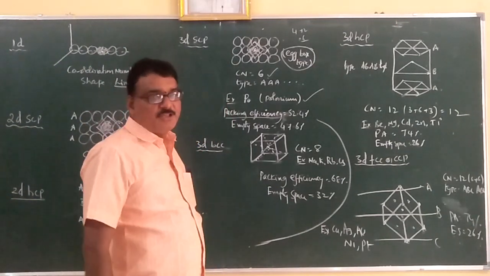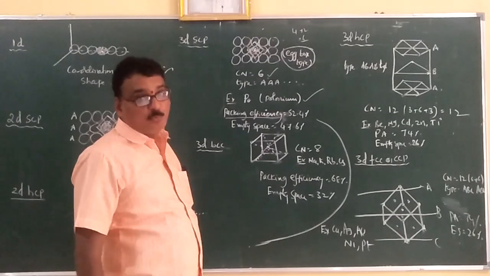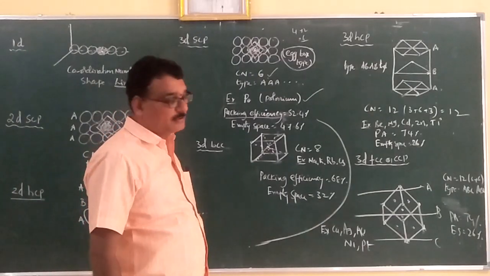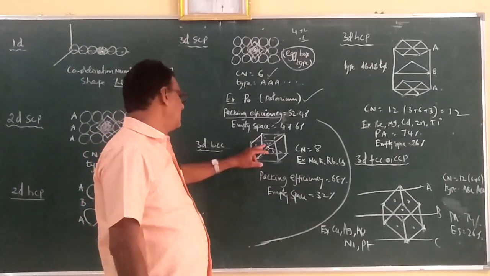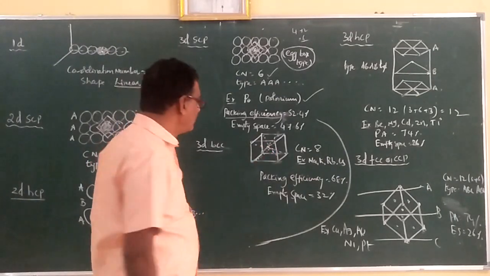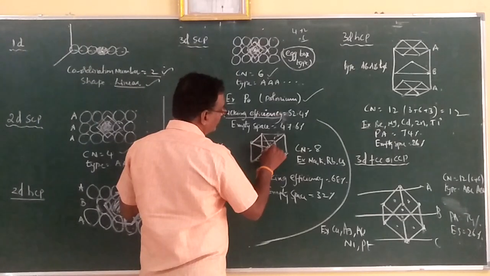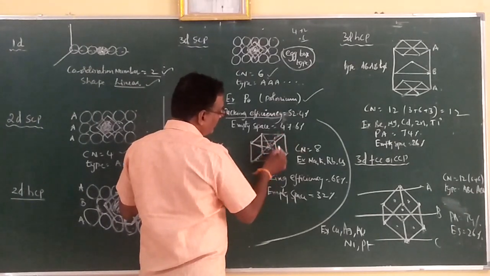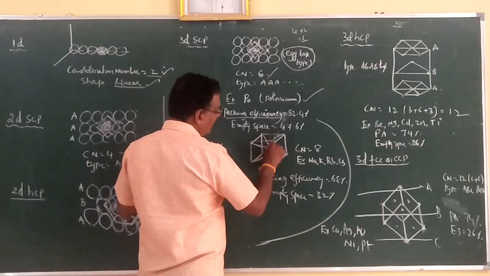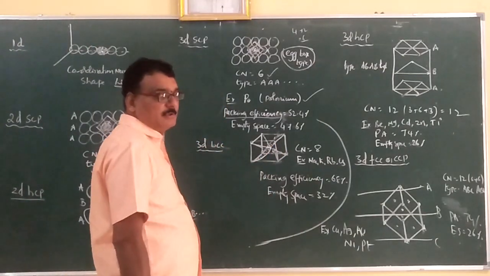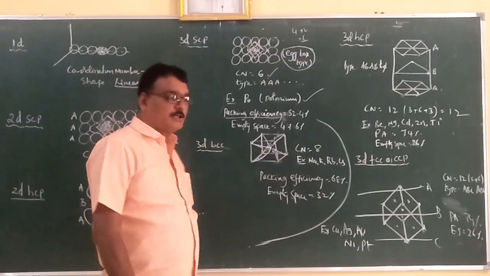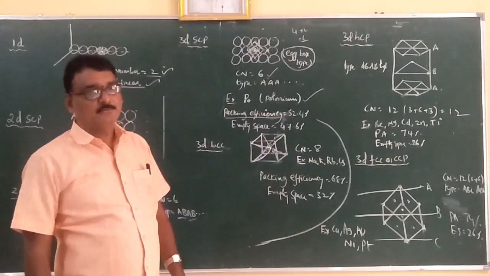Next, 3D BCC, three-dimensional body-centered cubic structure. Now I draw a simple cube. Here 8 is there: 1, 2, 3, 4, 5, 6, 7, 8. So that is equal to the body-centered cubic closed pattern.